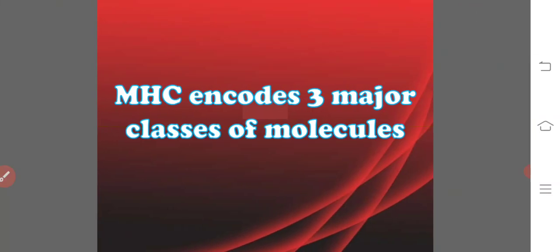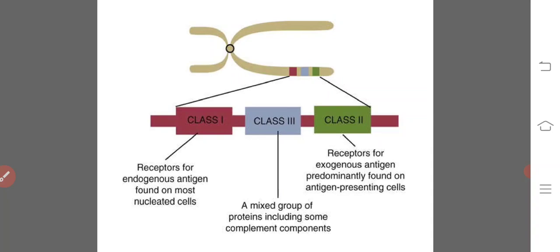And MHC encodes three major classes of molecules. The major histocompatibility complex is a collection of genes arrayed within a long continuous stretch of DNA on chromosome number 6 in humans and chromosome number 17 in mice.